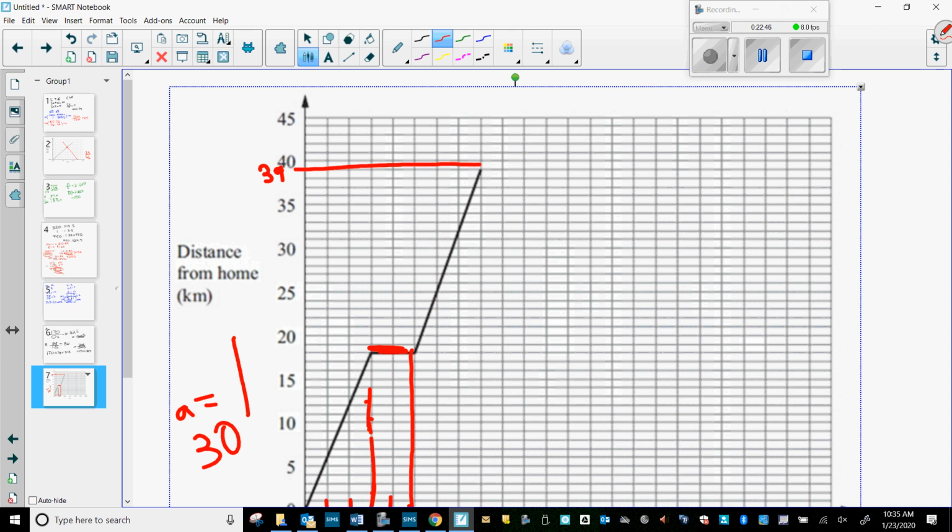And then you see the other stop here is right there, which is 18. And then to find out how many more kilometers you cycled, you have to do 39, take away 18, and that just gives you 21.